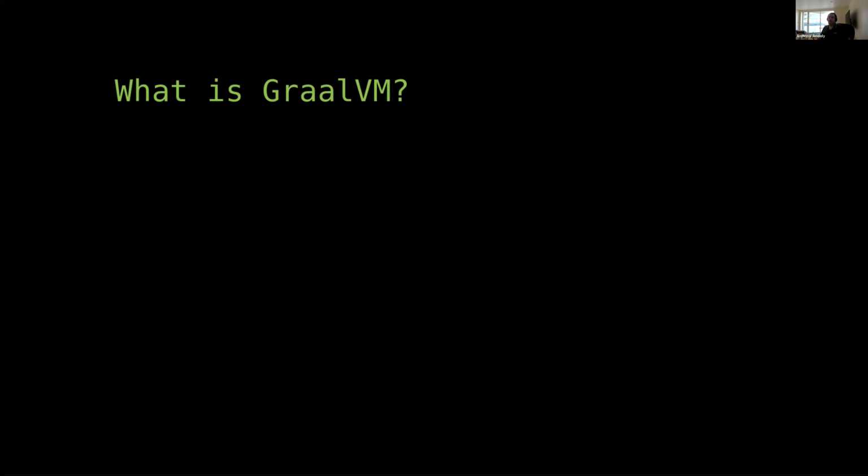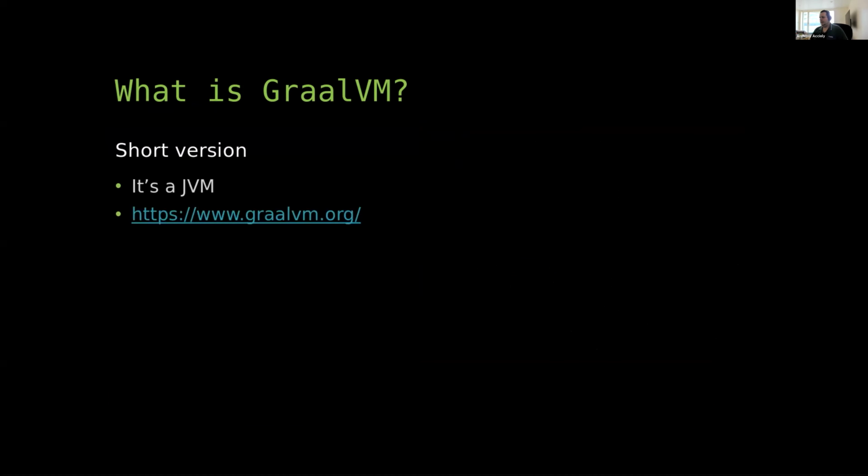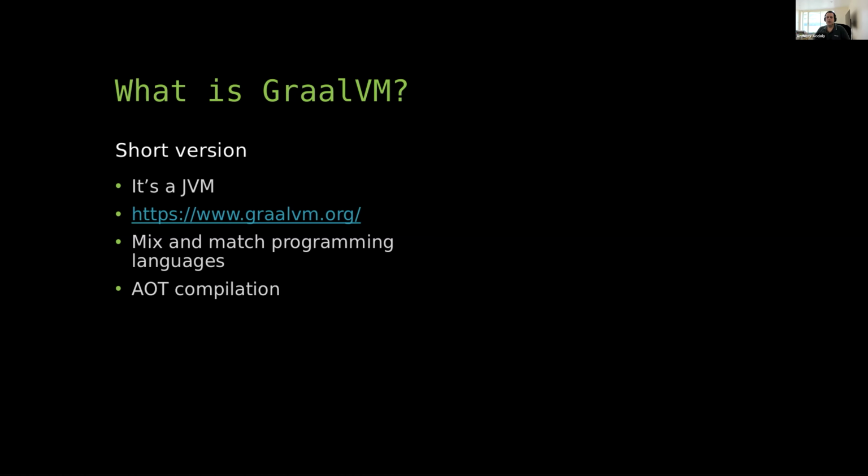Okay, what is GraalVM? I could talk about this for 1 hour. The short version is it's a JVM. You can mix and match programming languages. So you can mix your Java with Python, Ruby, and LLVM languages like C and C++. Use the best tool for the job, right?